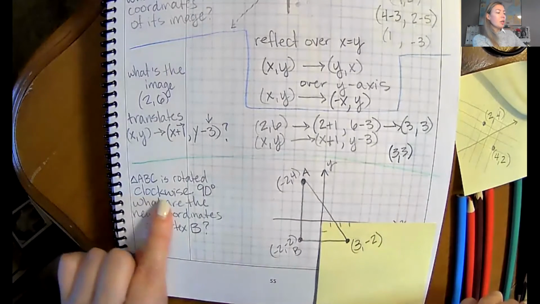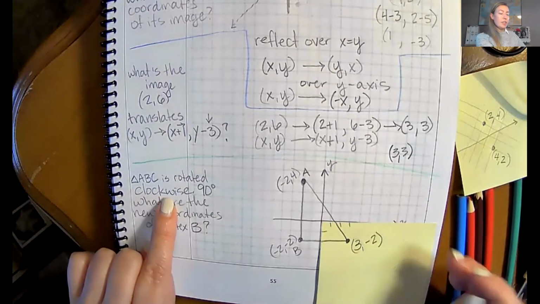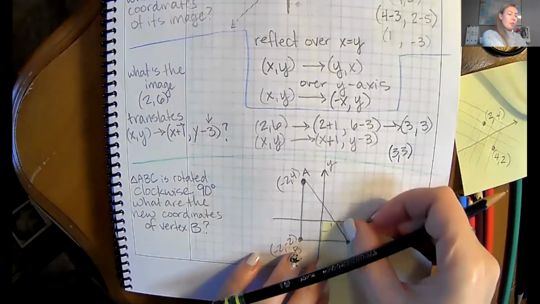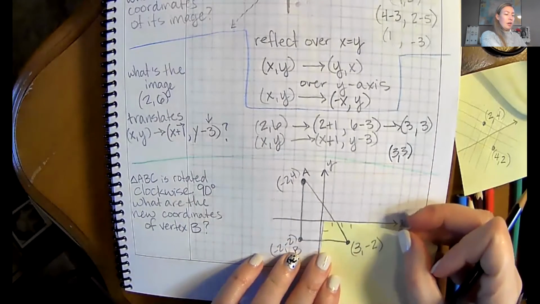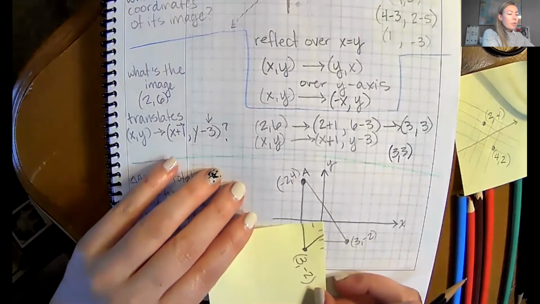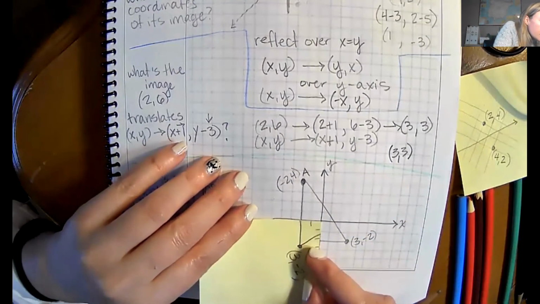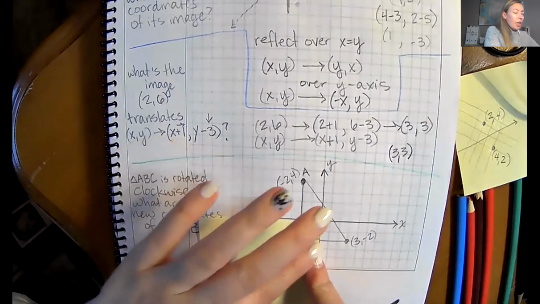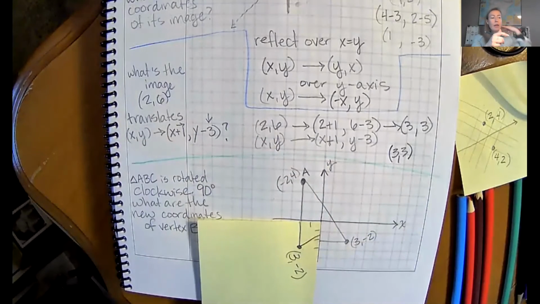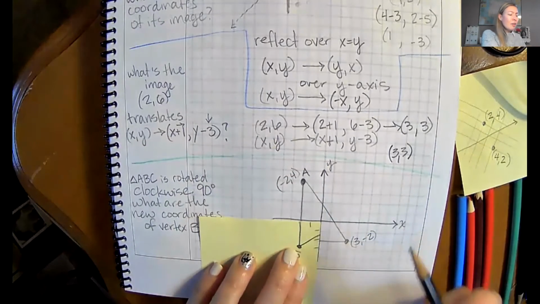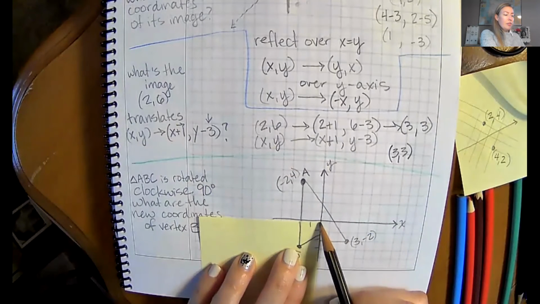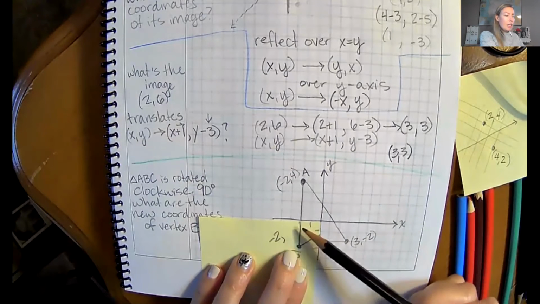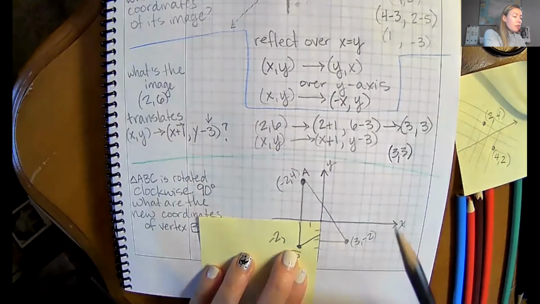So it's rotated, they want to go clockwise. So we are going to go clockwise like the clock. I'm going to unstick this. I'm going to rotate it about the origin. And I'm going to restick this little paper here. And let's look and see what happened. It's not absolutely perfect, but now this point is at -2, -3.